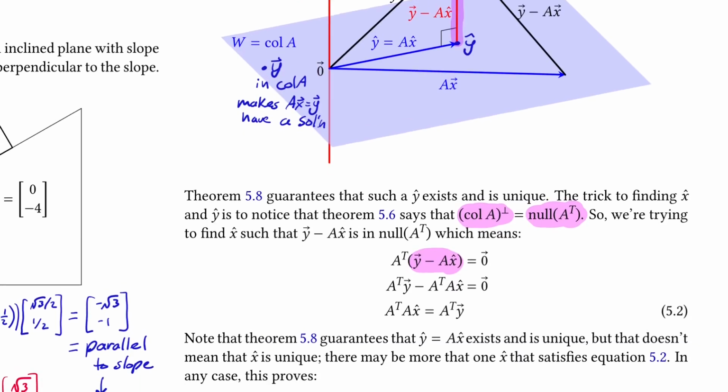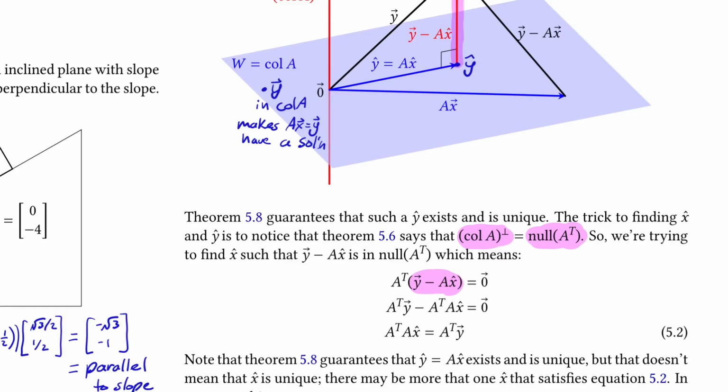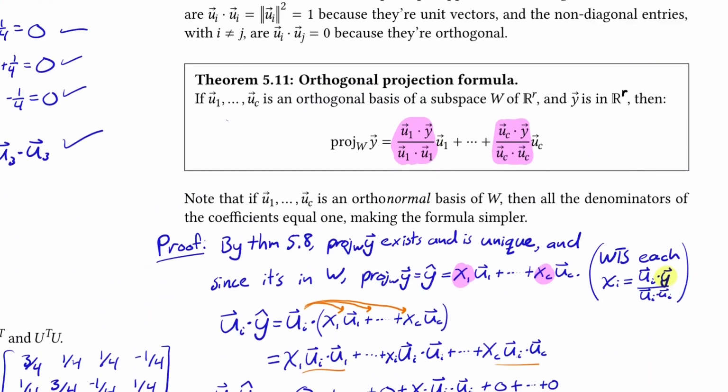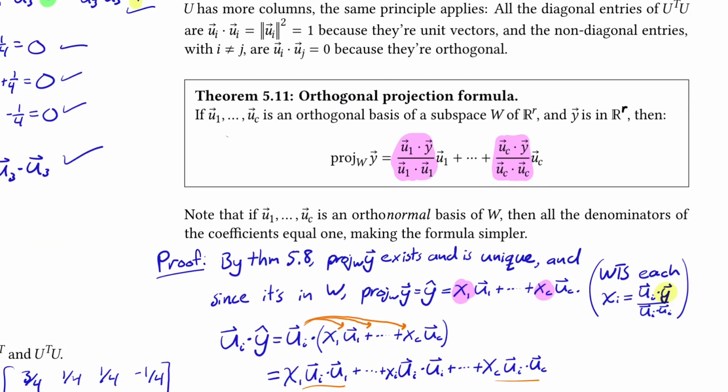Because remember that we don't know that the columns of A are orthogonal. We don't know that they're even linearly independent. Now, the theorem over here says that if A did have orthogonal columns, then they would be an orthogonal basis for the column space of A, and we would have these unique things.